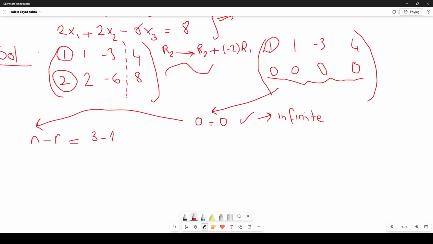So what I got is, guys, this subtraction, in other words n minus r, tells us the number of free variables here. So we have 2 free variables.